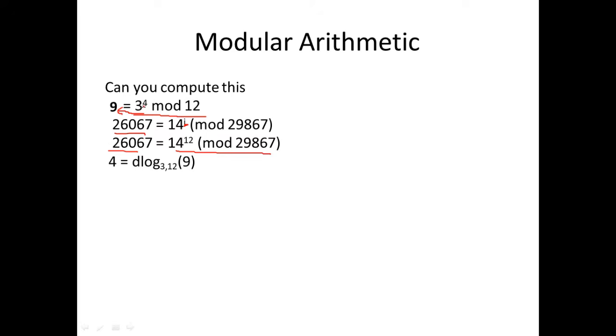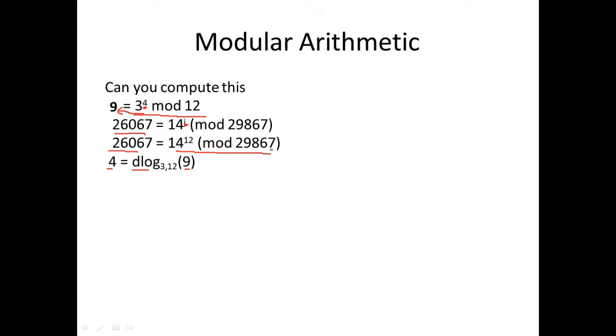We can also say 4 is nothing but the discrete log of 9 to the base 3 mod 12. So here 4 is called the discrete log.